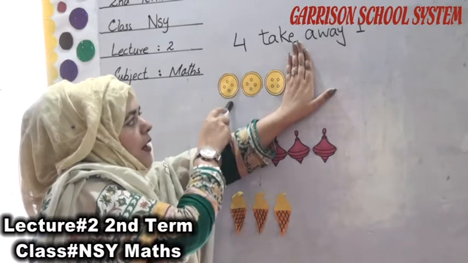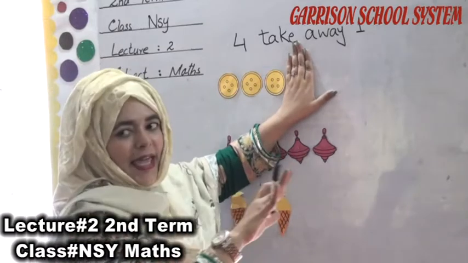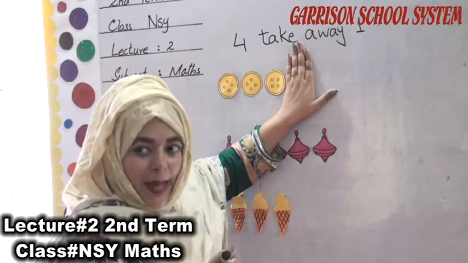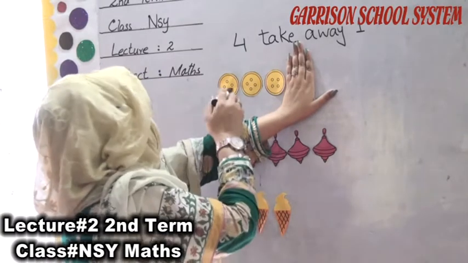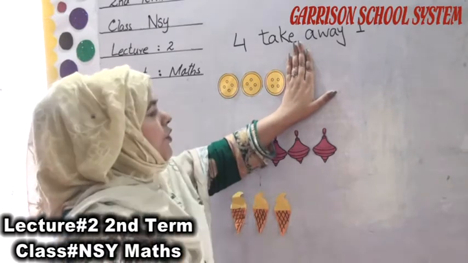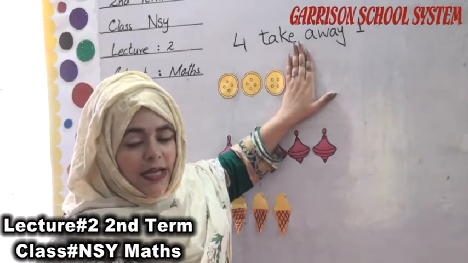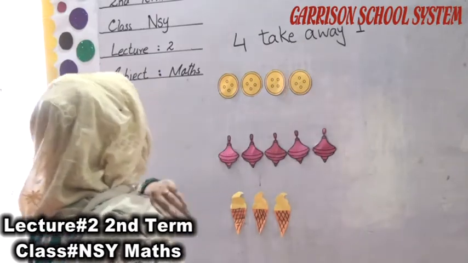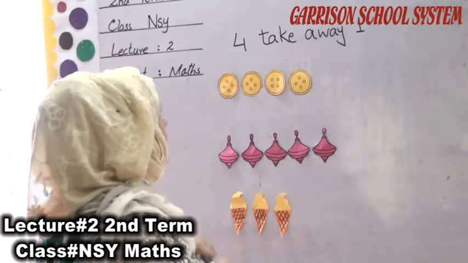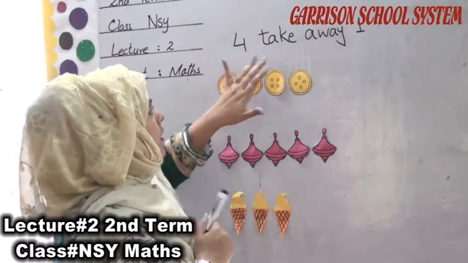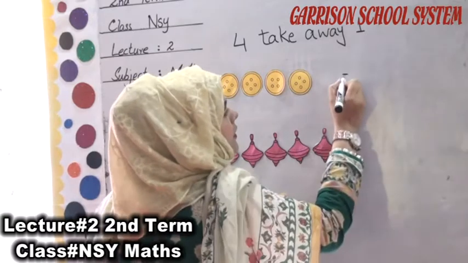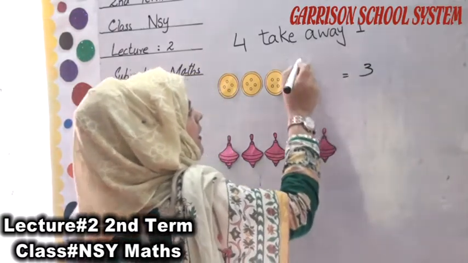If we hide one of the 4 or take it out, what happens, children? If we count again, we will be having 1, 2 and 3. So there will be 3 buttons left for us. This is how we are going to take away things. If it's a 4 and we take away 1, we will be left with 3.